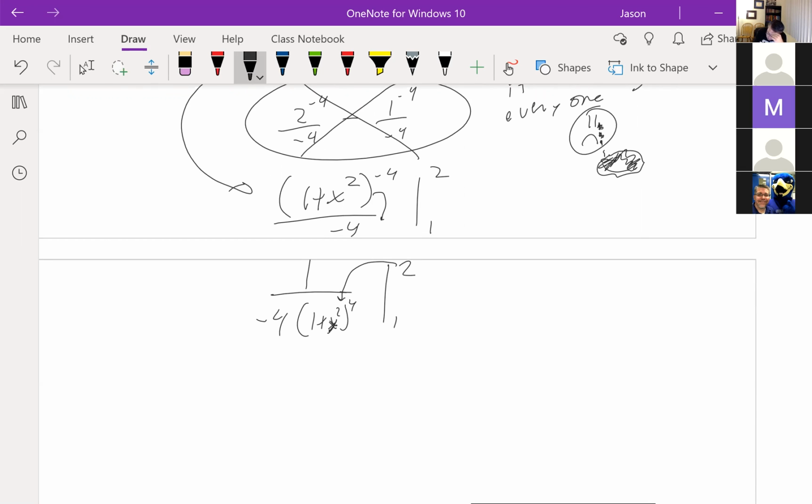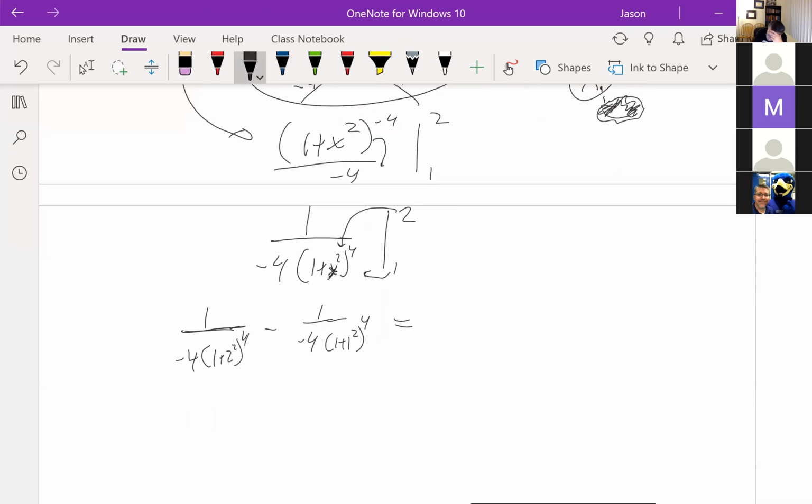Yay! So this is 1 over -4 times 1 plus 2 squared to the 4th power, minus 1 over -4 times 1 plus 1 squared to the 4th power.